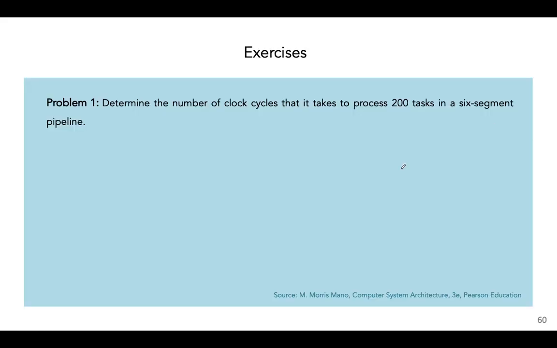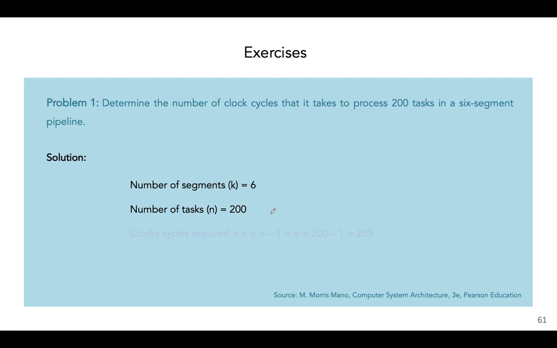Problem 1. Determine the number of clock cycles that it takes to process 200 tasks in a 6-segment pipeline. So we're supposed to find out the number of clock cycles it would require to process a total of 200 tasks in a 6-segment pipeline. If you remember the formula, this problem is straightforward. The number of segments is given in the question, K is 6. The number of tasks, N, is also given, 200.